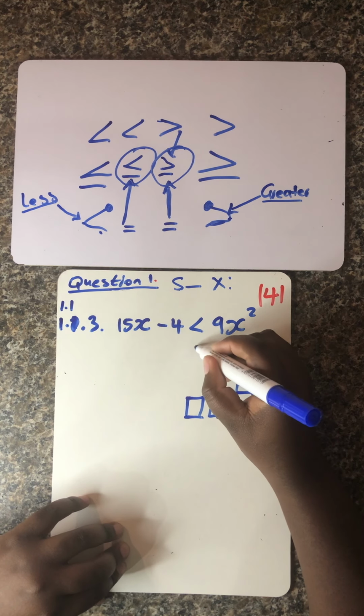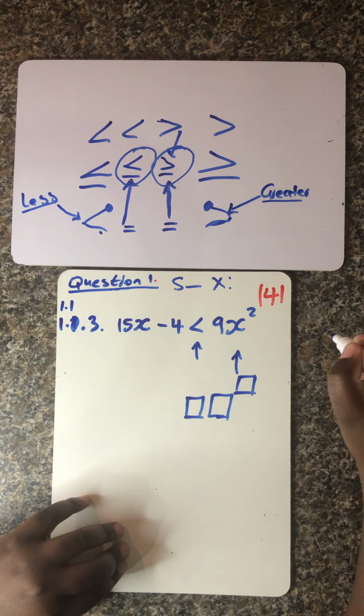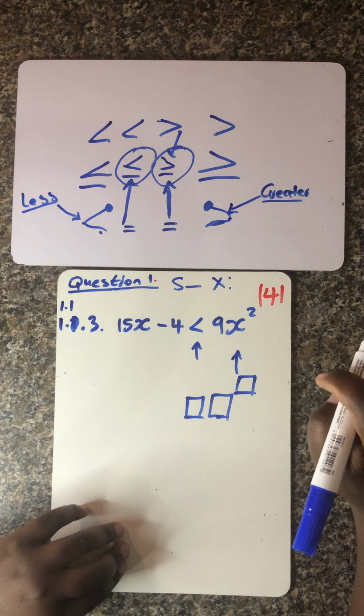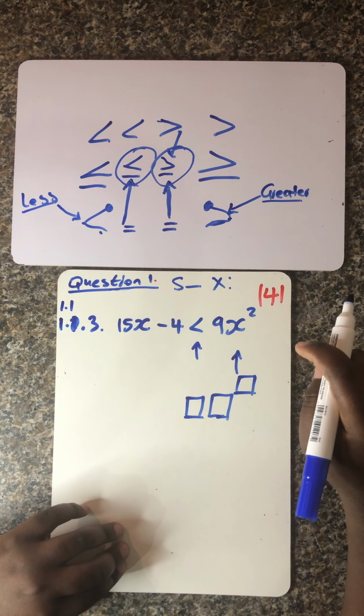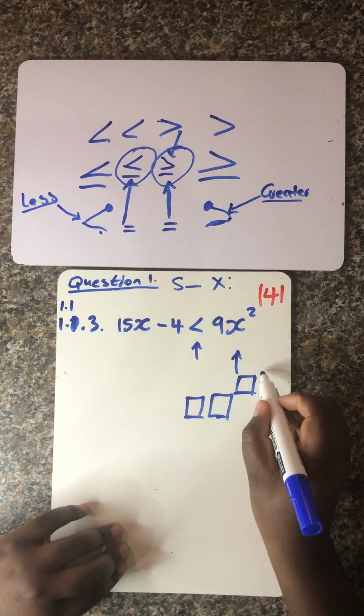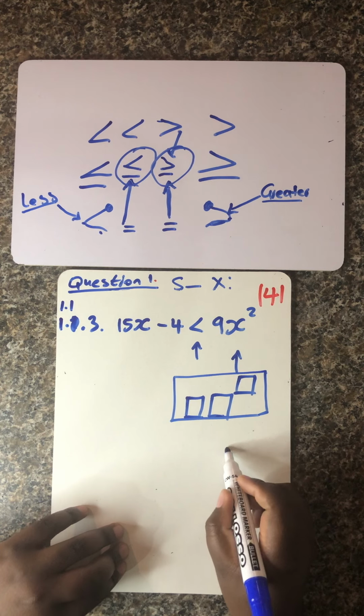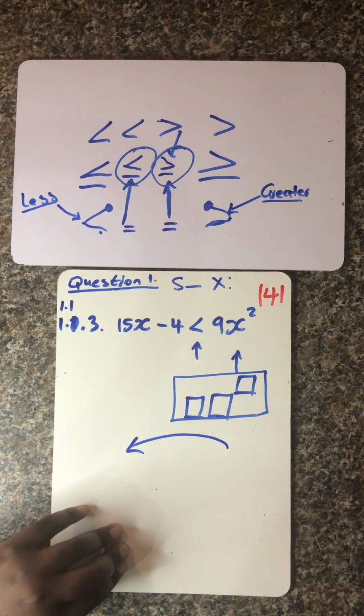For now, don't worry much about that sign. It's just a matter of being able to notice what type of equation you're given. If you notice that you've got a quadratic, then it means you move everything to the left.